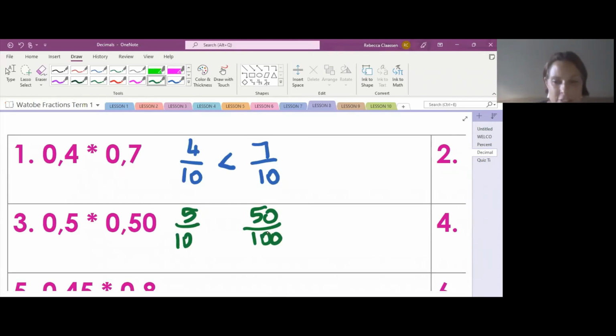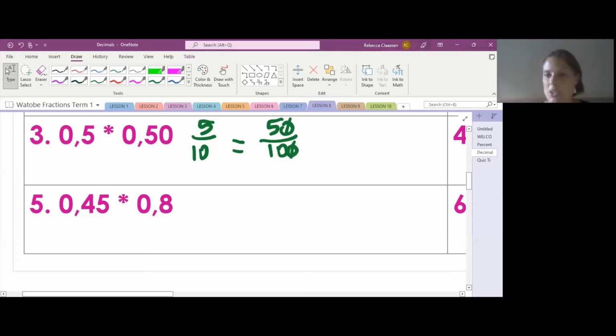Can you simplify 50 over 100? It's equal to, ma'am. Excellent. I put that one in there just to trick you guys up. Because I can cross out a 0 at the top and the bottom, and I'm going to end up with 5 over 10. So they actually are equal. Okay, well done. Good job.